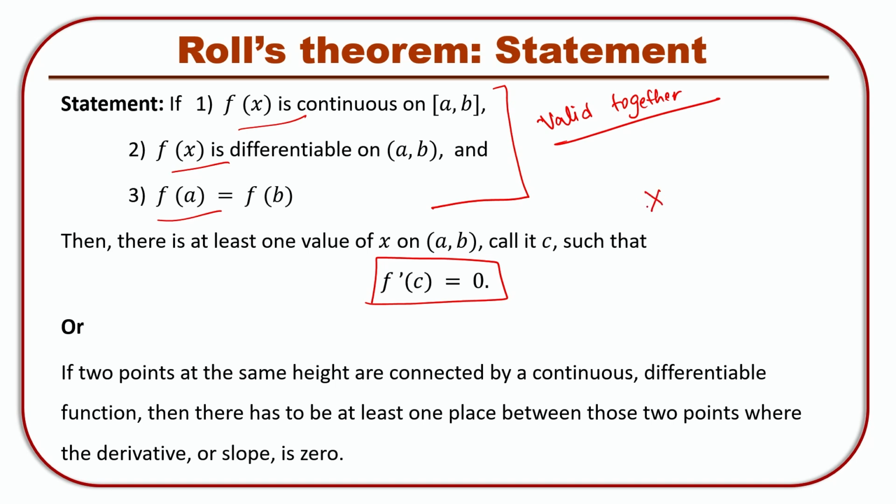So, that is all for the Rolle's theorem and its applications, and I think you do understand that if we use the Rolle's theorem, we can find an interior point between these two endpoints, so that the derivative at that point is going to be 0.